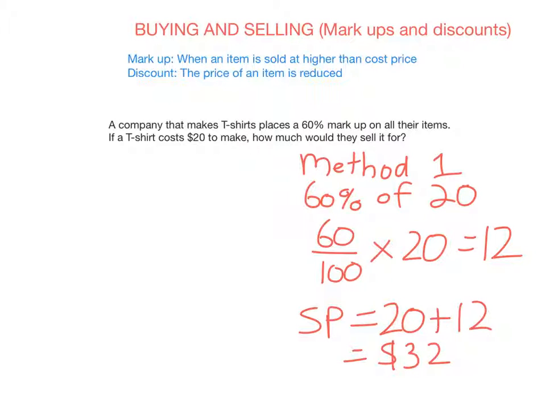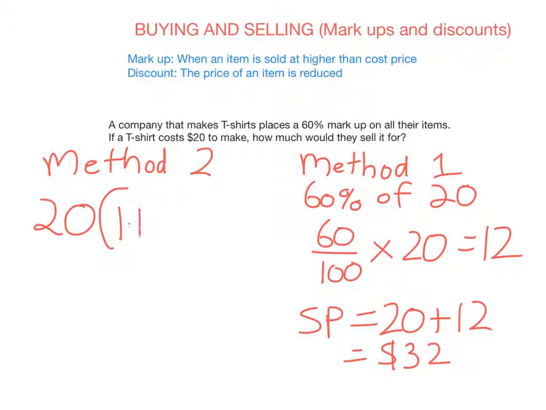Okay, the other way that you can do it, and I actually do not mind which method you use, totally up to you, is you can just take the cost price 20, I want to increase it by 60%, so I times it by 1 plus, and 60% is the same as 60 over 100.